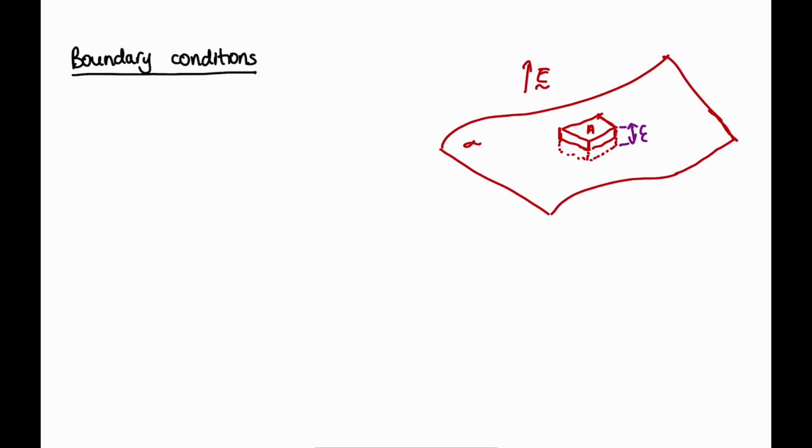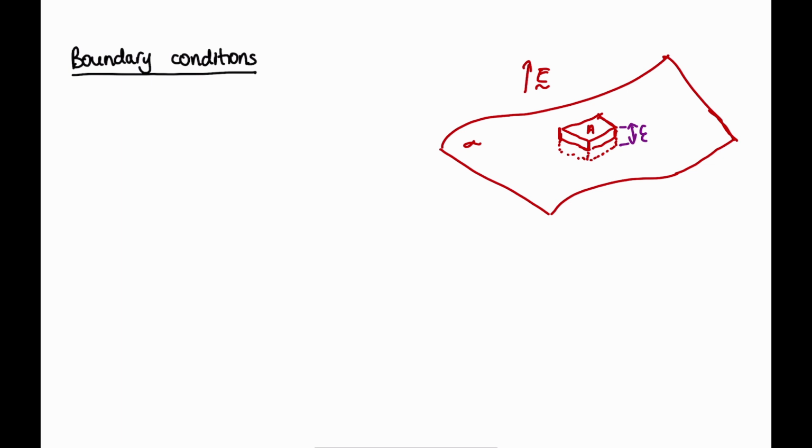It's referred to as a pillbox in Griffiths, and we'll let it have a height epsilon, with half of that up above the plane and half of it down below the plane, and we'll consider the surface area of the box equal to A. Now, if we consider this Gaussian surface here, which is the surface over our entire box, the sides that are perpendicular to the plane are going to be parallel to the electric field, and so that is not going to contribute to the flux.